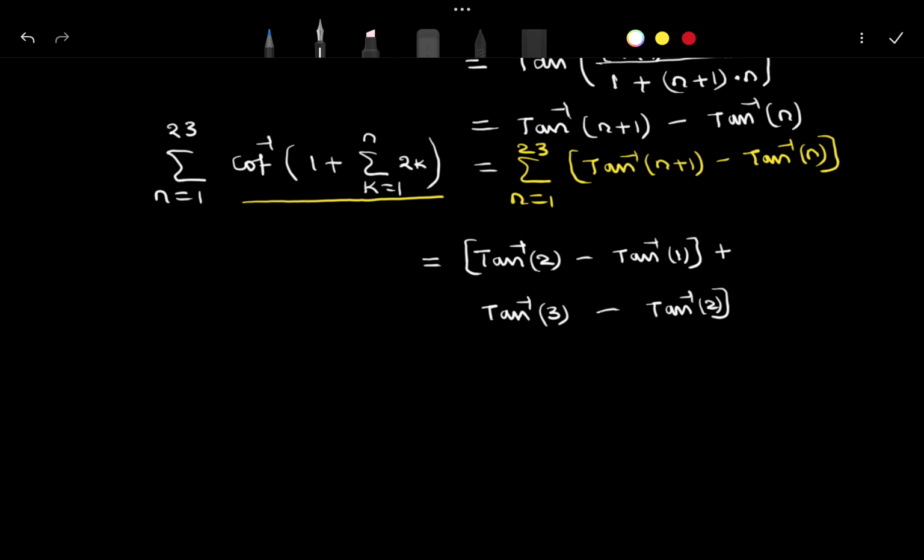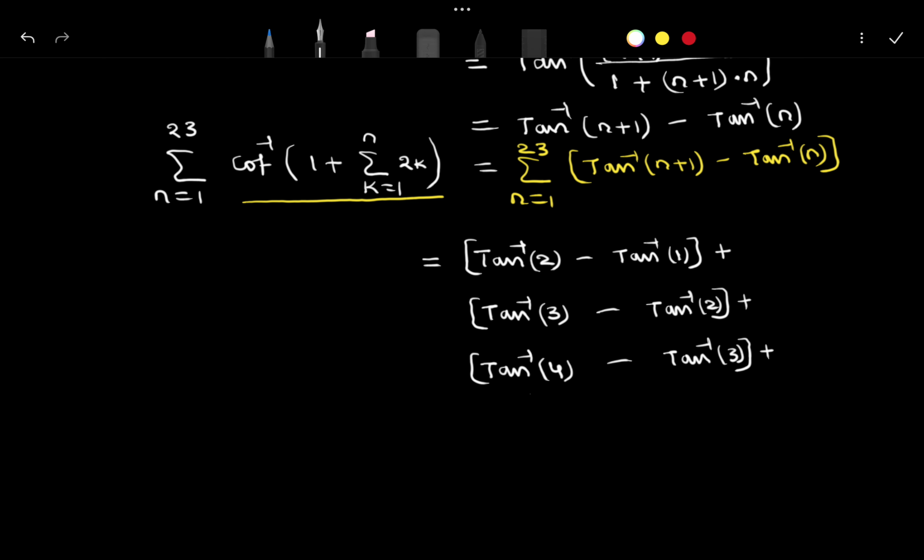Plus n equals 3: tan inverse of 4 minus tan inverse of 3, and so on.